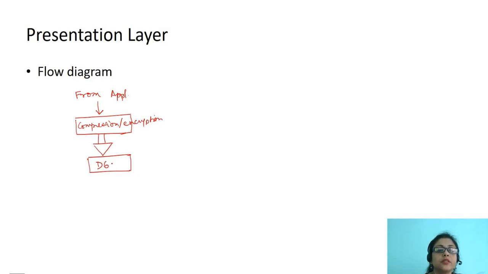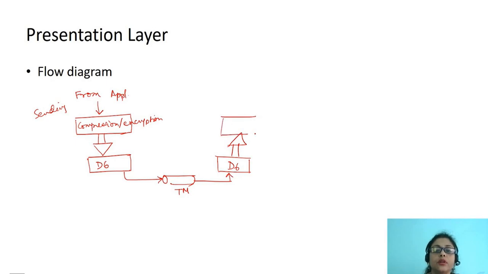Why D6? Because this is the 6th layer of the OSI model. This goes through the communication channel or the transmission medium, and this is actually the sending station, and here at the receiving station we also have D6.